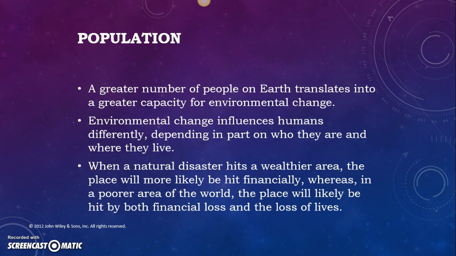But in a poorer area of the world, the loss is not only going to be financial, in terms of people losing a large part of what they own, but also substantially more people are going to lose their lives.